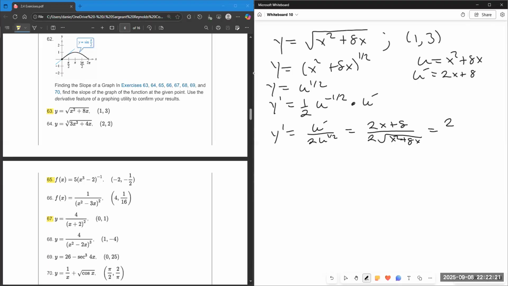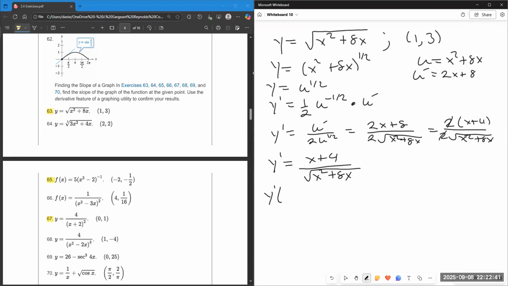I see a 2 in the top that can cancel out with the 2 in the bottom. So y prime is x plus 4 over root x squared plus 8x.